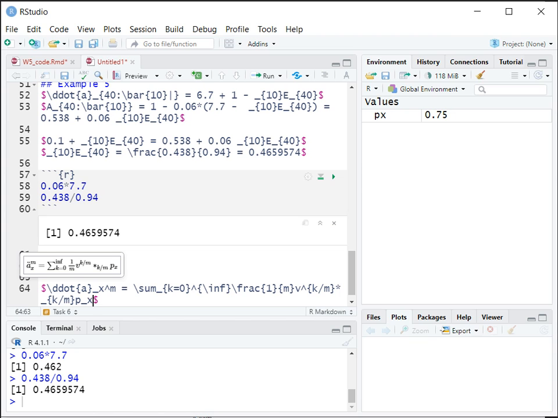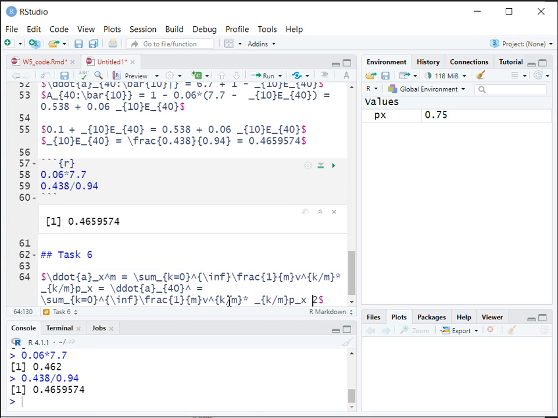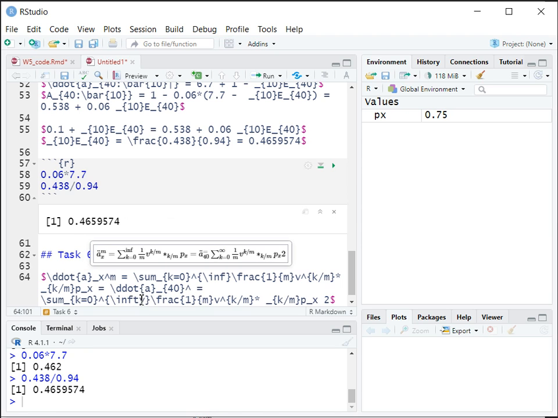And now we're ready to input the values as given in our task, and that means our double dot a_x^m will be, for x we just put 40, here we put 2, and our sum will be transformed, k from 0 to infinity.